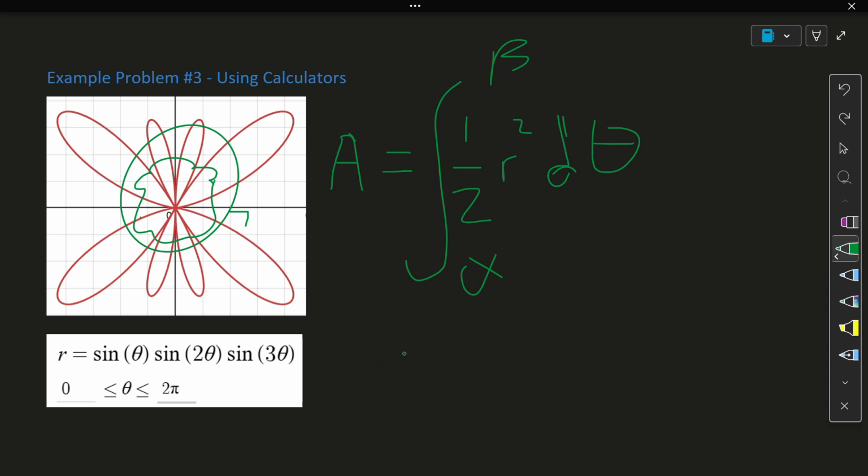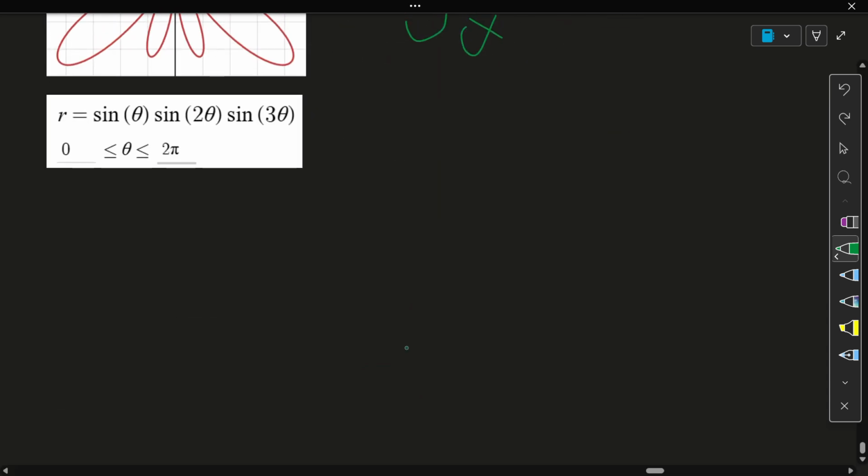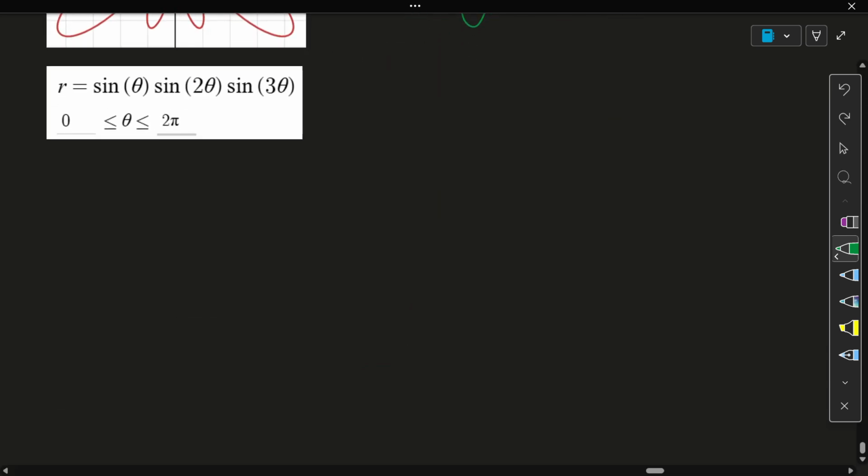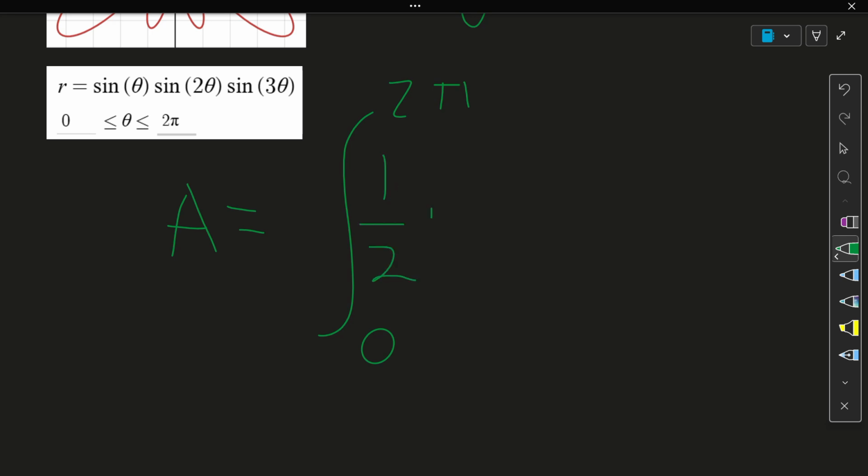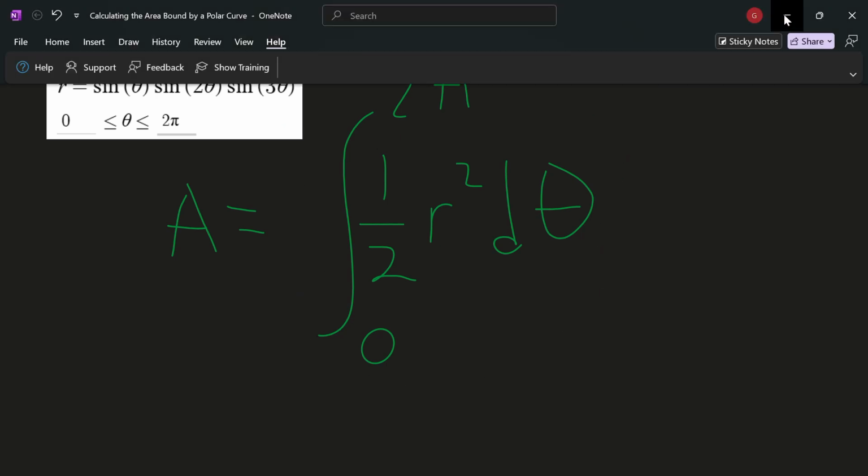So from 0 to 2 pi, and this is our r. I'm probably not going to write it out. Let's just remember what that is, d theta. It's a bit long to write out, and since we're putting it in our calculator anyway, there's not much of a point. Okay, so this is what we're going to be putting into our calculator.